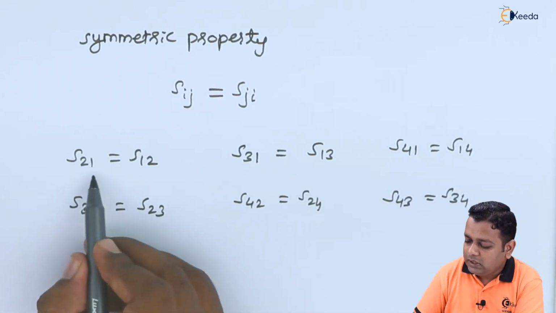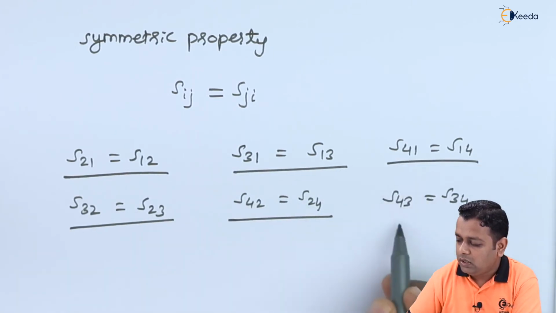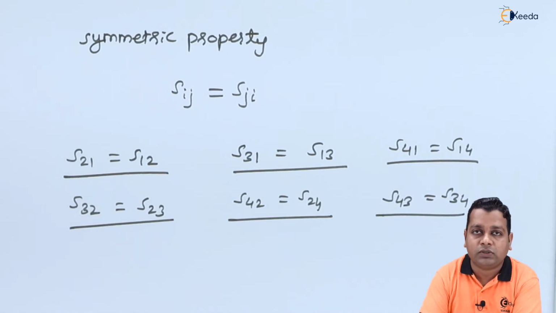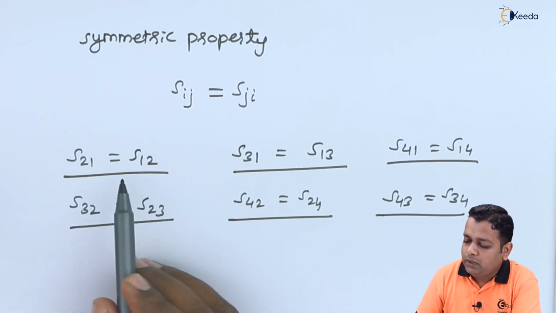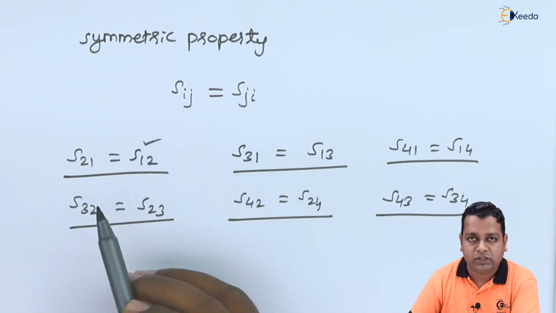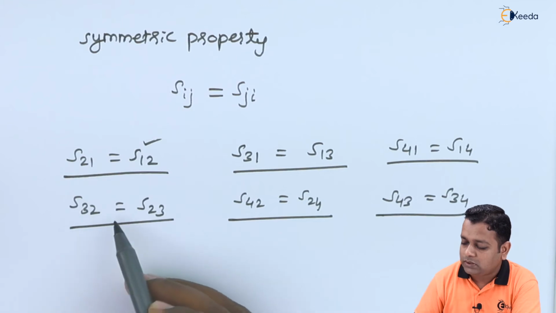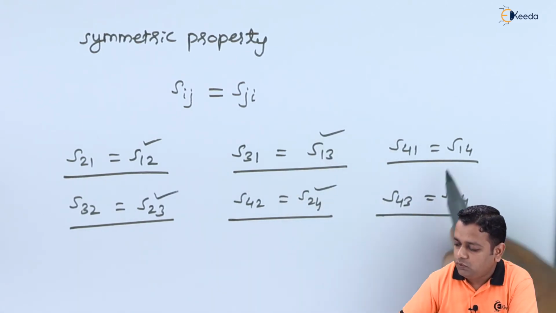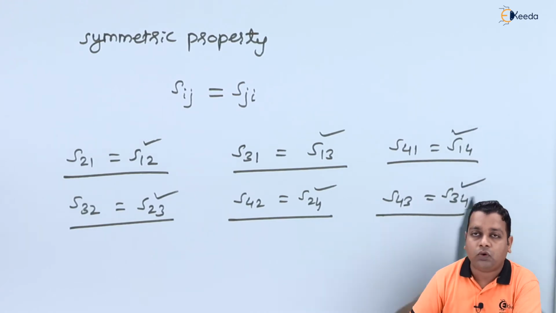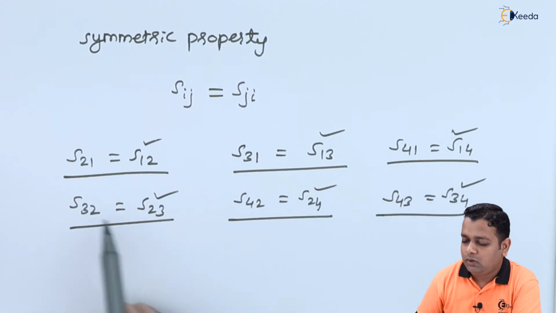So all these replacements we have to make in the earlier representation, equation number 1. We prefer the lower order combination here: instead of S21 we use S12, instead of S32 we use S23. S13, S24, S14, S34 are preferable to their higher order combinations.